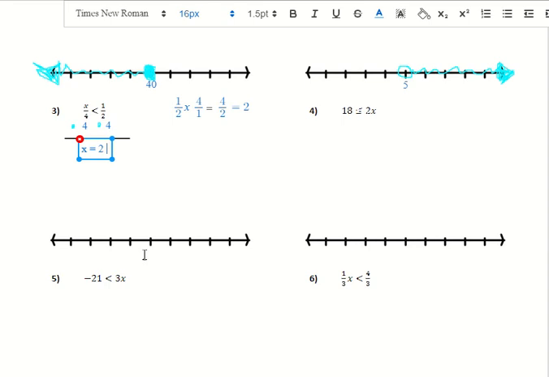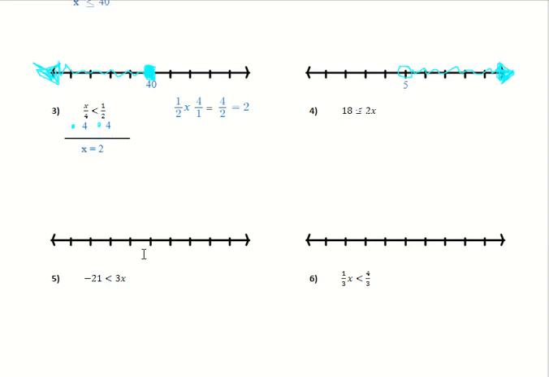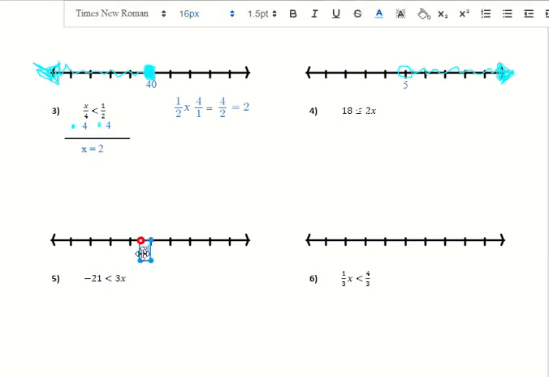So I'm going to go ahead and graph my critical number, which is 2. Oh, I lost my inequality sign. So I had a less than symbol. I want to carry that down, not an equal sign.